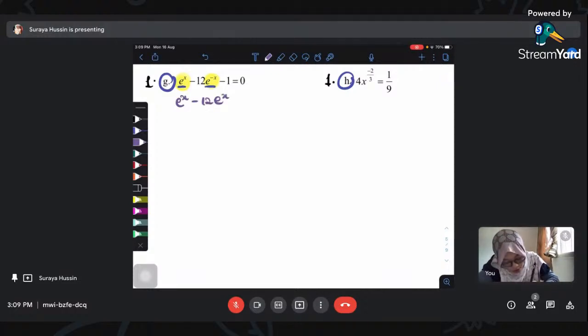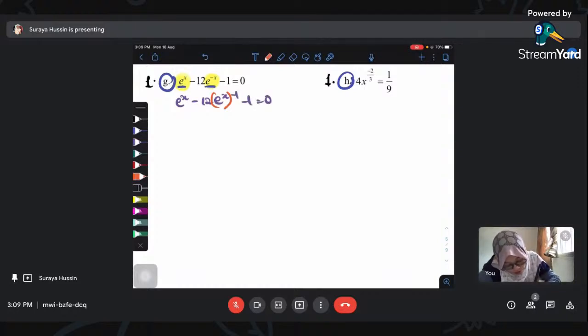So now what you should do is you gotta make this as a subject, okay? e to the power of x will become your m tau. You akan let the letter. So now negative ada dekat sini, so you gotta move the negative one outside, okay?